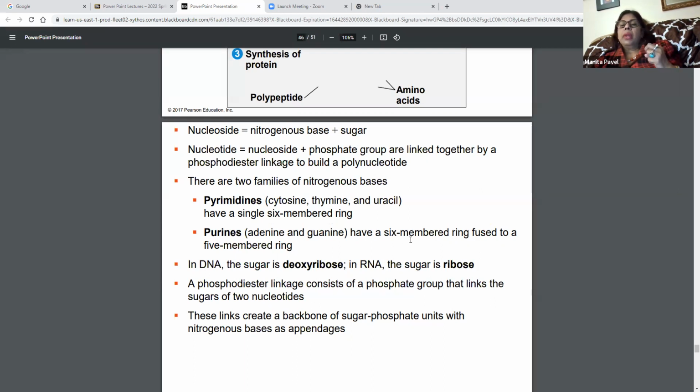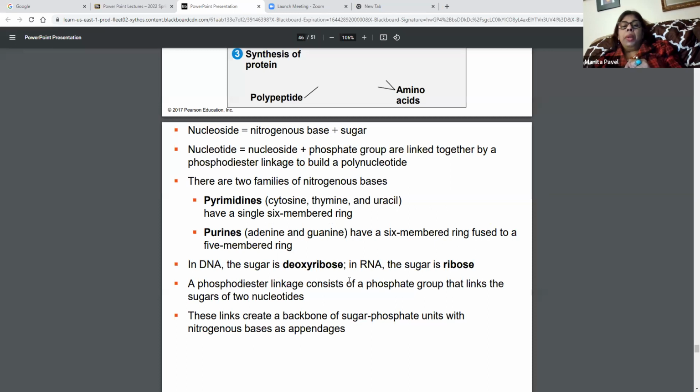There are 6-membered ring structures that are fused to a 5-membered ring. Pyrimidines are cytosine and thymine. I've written uracil because uracil is only in RNA, not in DNA. Thymine is substituted by uracil on the RNA strand, as I just told you.